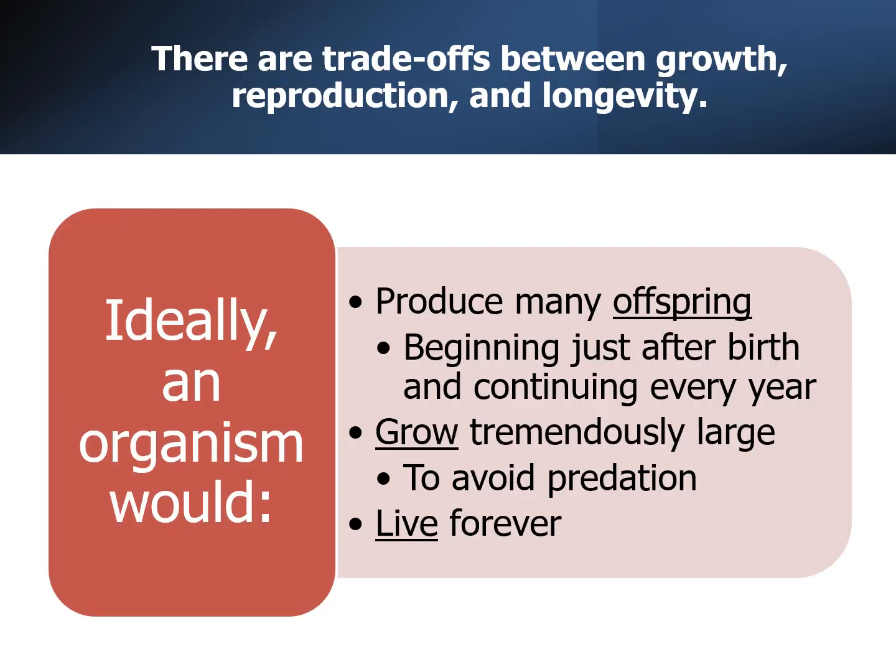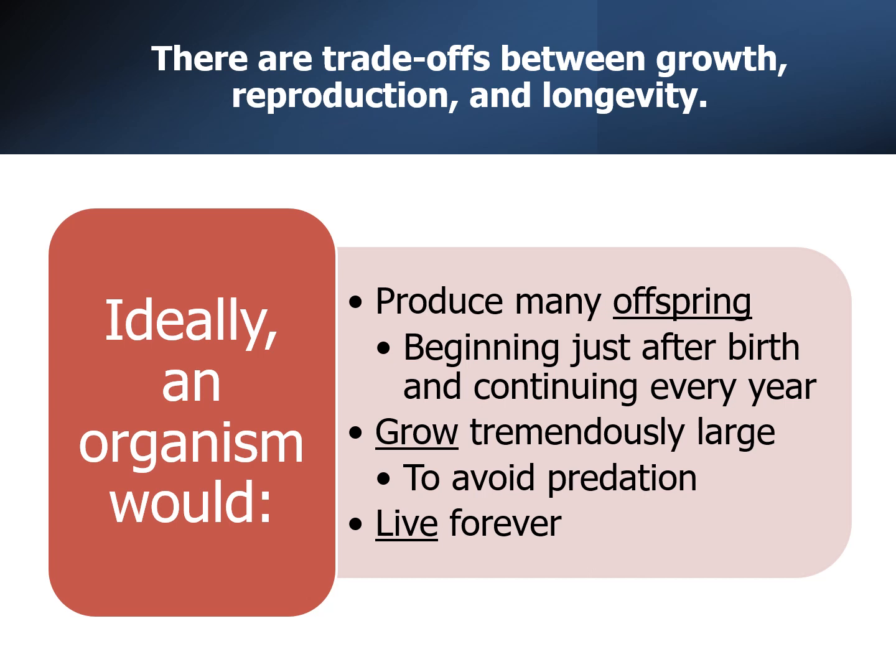I mentioned before that in talking about these life histories, we have to talk about trade-offs. And when we talk about trade-offs, we have to remember a term that came up in a previous chapter, and that is fitness. Remember that fitness is an organism's reproductive output relative to the others in the population.